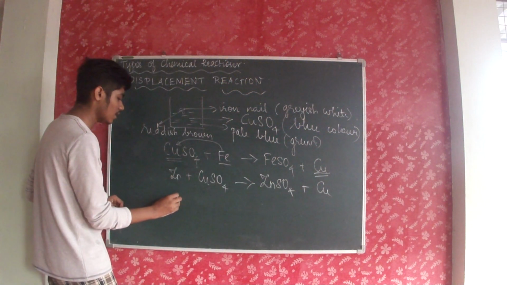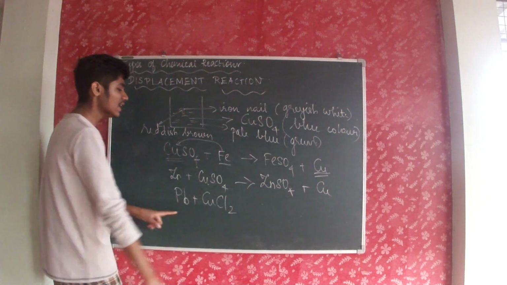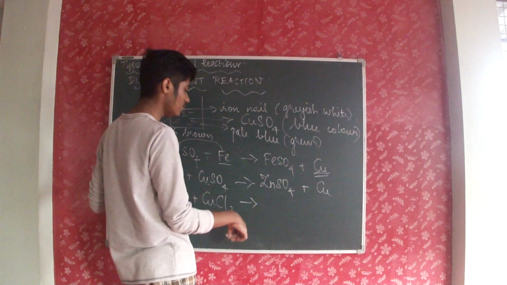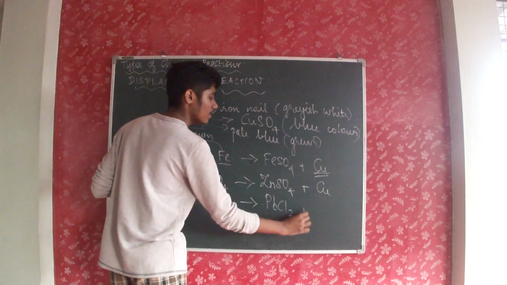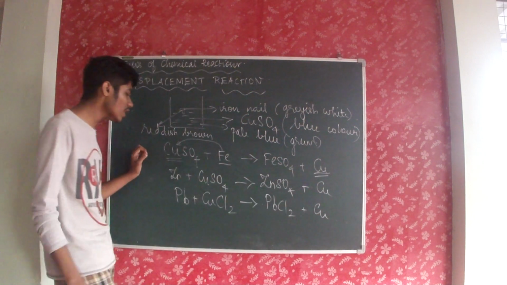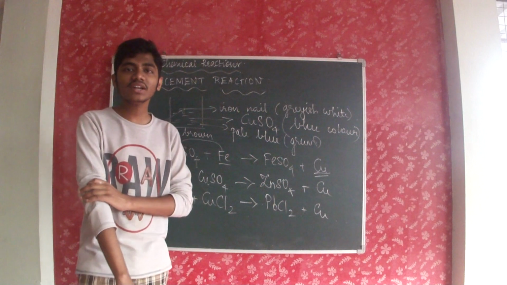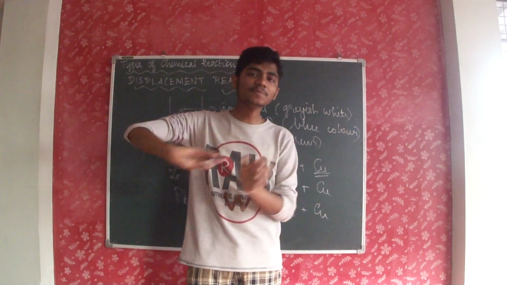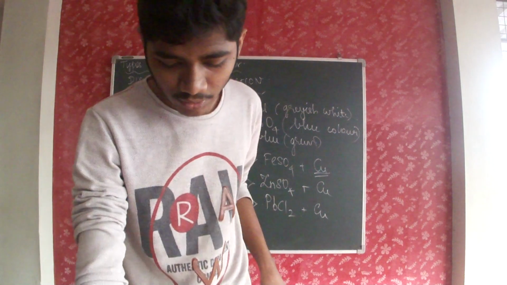Also, lead plus CuCl2, that is lead plus copper chloride, will give you PbCl2 plus copper, only because lead is more reactive than copper. Can you understand that? So this is what is known as displacement reaction, that is you are displacing something from its original position and making it go alone.